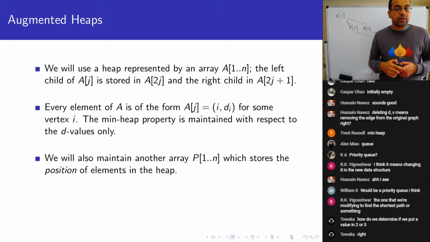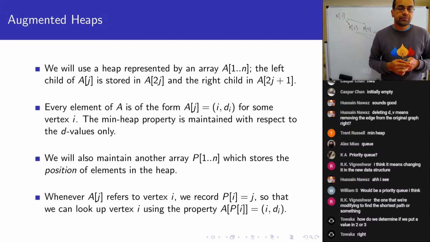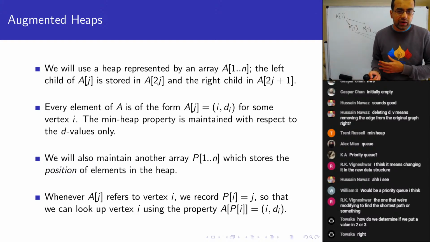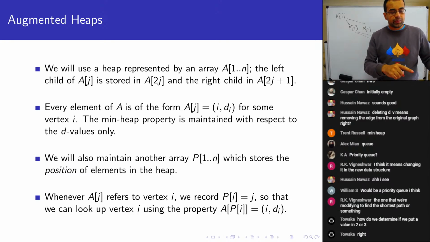That bookkeeping is in the form of the position array P, and that's going to store at which index each vertex is represented. So, whenever the jth entry of the heap refers to vertex i, that is, it stores the pair vertex i and the shortest known path to i, we're also going to correspondingly record that the position of vertex i is j in the heap.